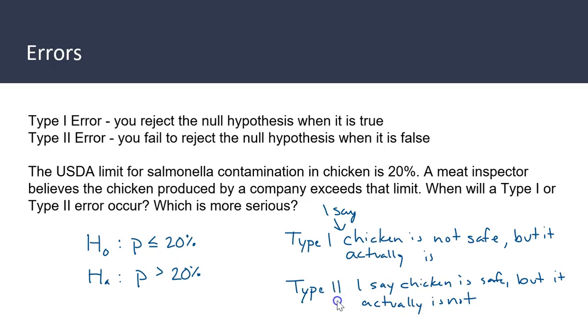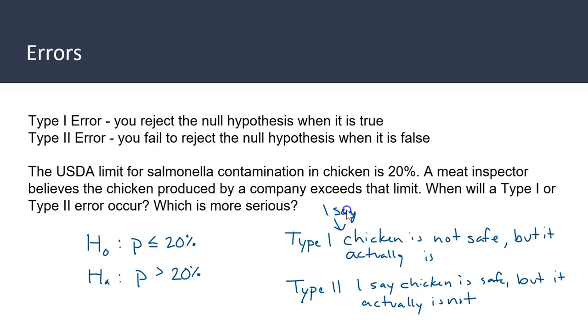Okay, which is more serious? It always depends on the situation. So I have to read what a type 1 error is, what a type 2 error is. It's not that type 2 is always worse or type 1 is always worse. It depends on your situation and your hypotheses. So let's look at these two errors. If I say the chicken is not safe, but it is, then the factory is going to have to go through some stuff and we're going to recall the chicken.